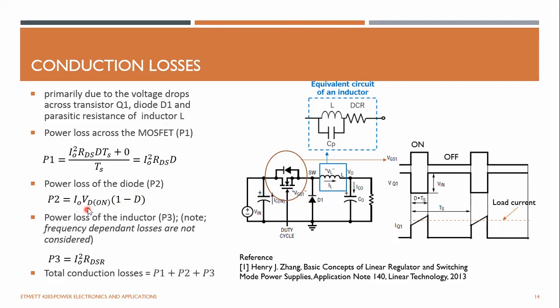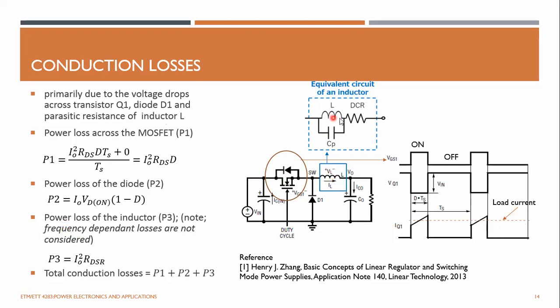So based on that, if you know this time period and this energy loss, in this period, there's no current through the diode, so that is zero. And using the same principle, we can calculate the power loss of the diode in this equation.